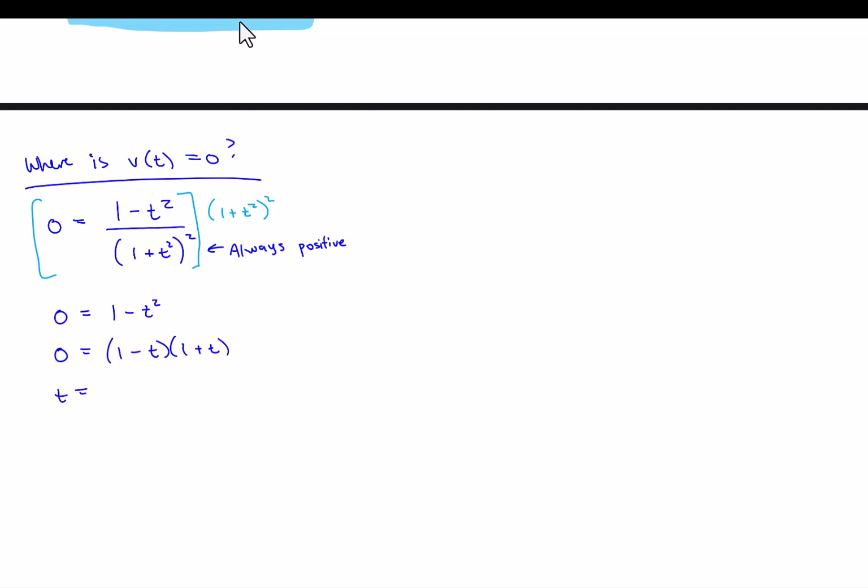So that gives me the solutions t equals 1 and t equals negative 1. So there's 2 places where the velocity is equal to 0. And I know that t can't be negative. That was already told to me. But just leaving it in for the time being, negative 1 here, positive 1 there.